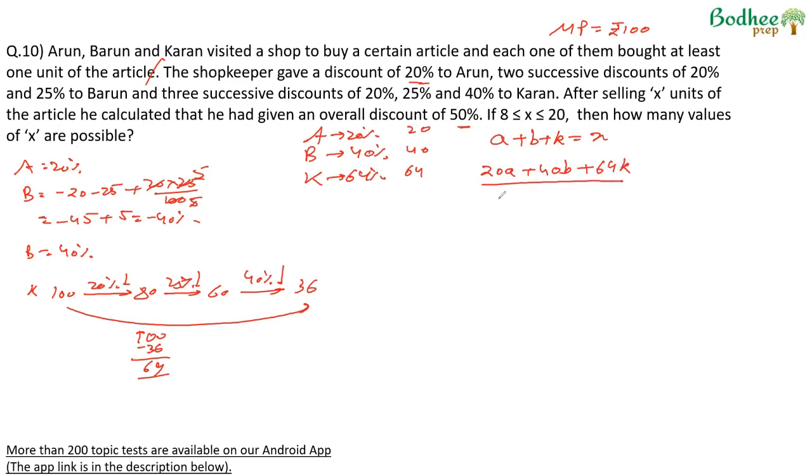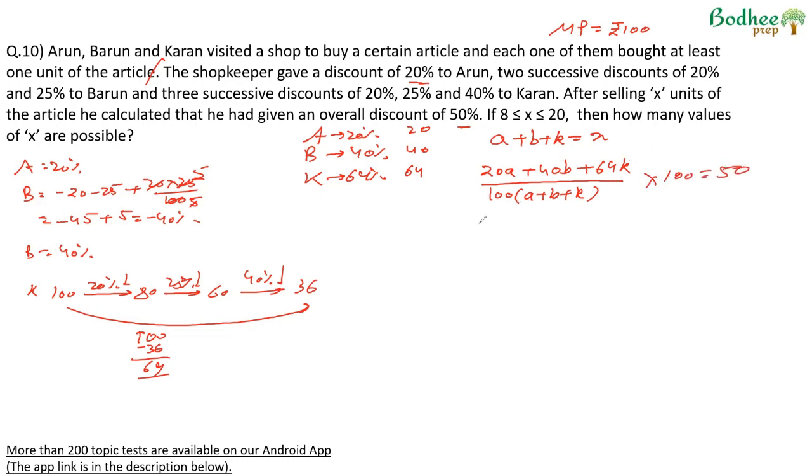Upon the marked price, total marked price will be 100 into A plus B plus K, because A, B, K articles for rupees 100 have been purchased. So mark price into A, mark price into B, mark price into K. This into 100 should be equal to 50.